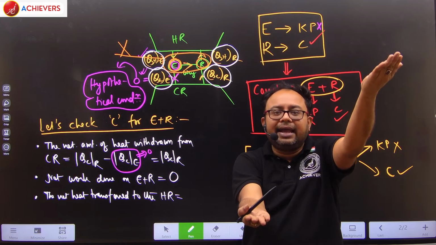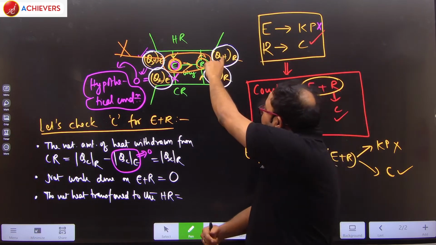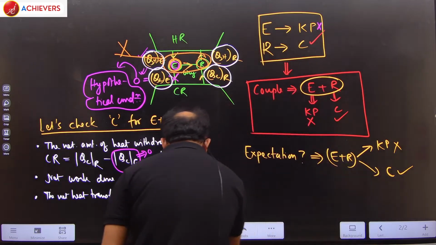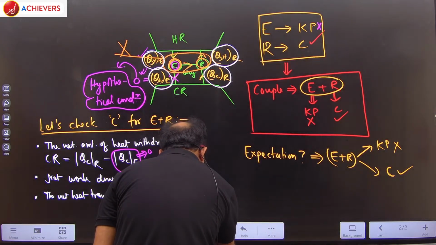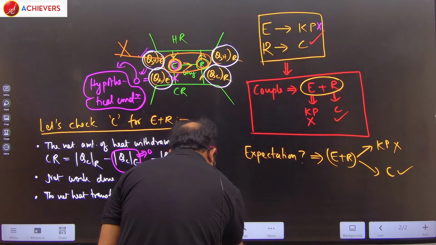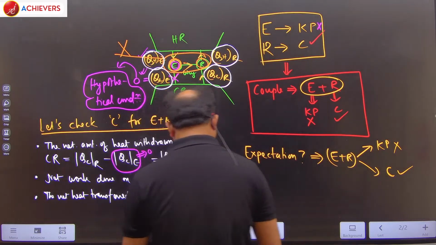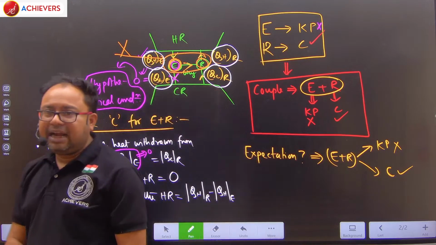So what is the net amount transferred? QHR minus QHE. Just you have to put the mod. So mod of QHR minus mod of QHE. That's it.